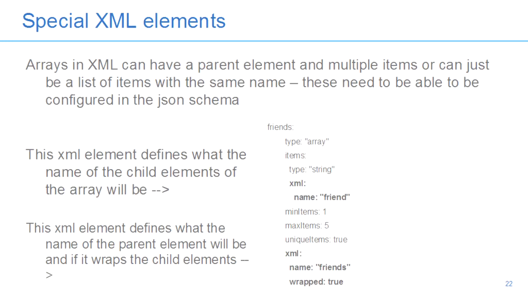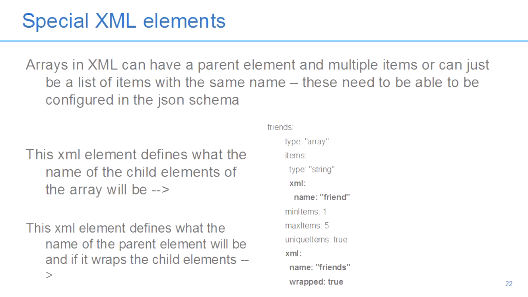And then the last is with an array of objects. In JSON, you just have a JSON array and just put the data in it. With this, you have to define what the name of the actual top-level element is, and then the name of the individual elements underneath it. So you're specifying here that the top-level element is called friends, and it's going to be wrapped.